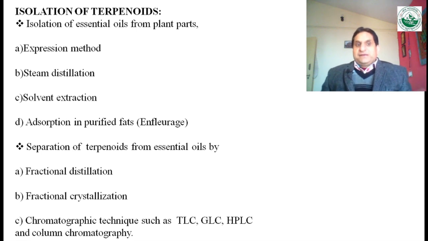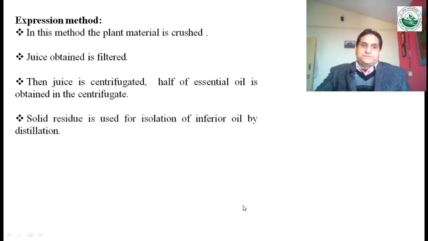Whereas when an individual phytoconstituent is separated out, in that case it is known as the isolated product. So the expression method, steam distillation method, solvent extraction method, and enfleurage method are commonly used for the isolation of essential oil, and terpenoids can be separated from it with the help of fractional distillation, fractional crystallization, and chromatographic techniques like TLC, GLC, HPLC, and column chromatography.